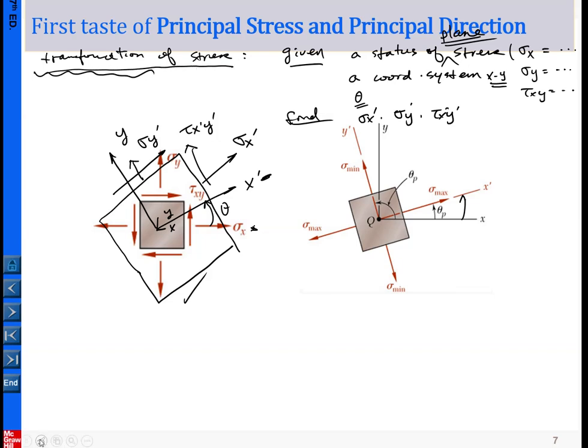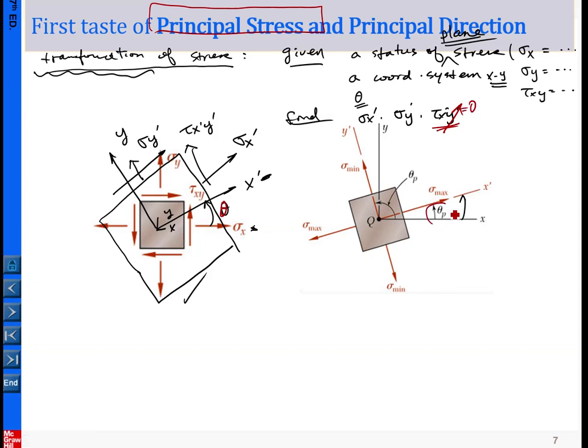And now I want to talk about what the principal stress is. The principal stress is such that in a particular orientation theta, which we call theta p, the tau x prime y prime becomes 0.